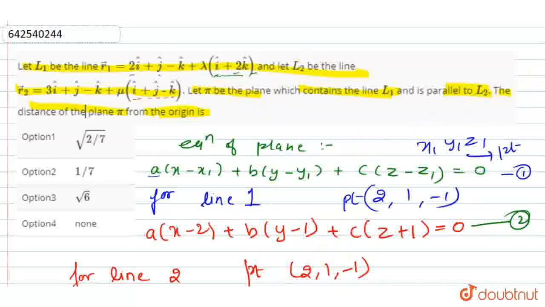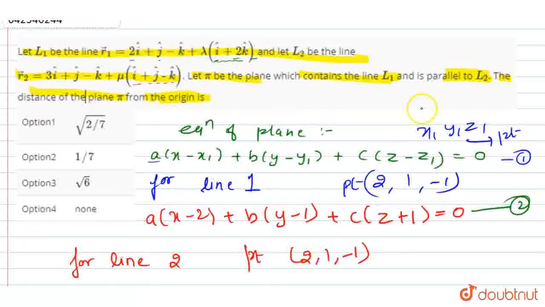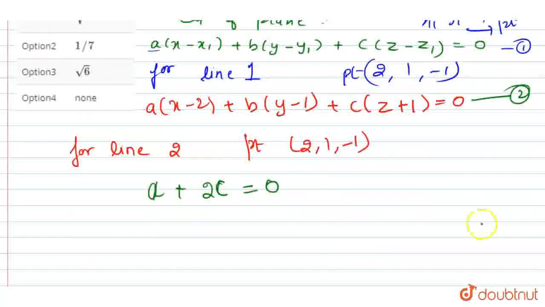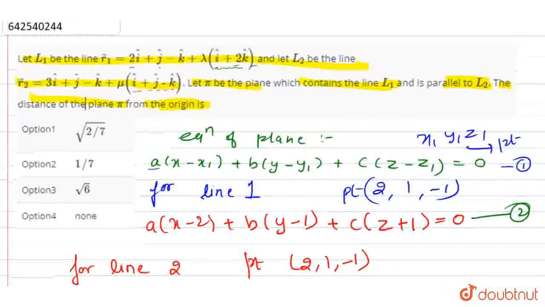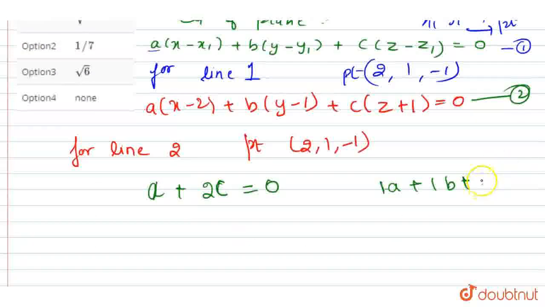Now doing the same for the second line, which is i + j - k, we will have 1·a + 1·b + (-1)·c equal to 0.